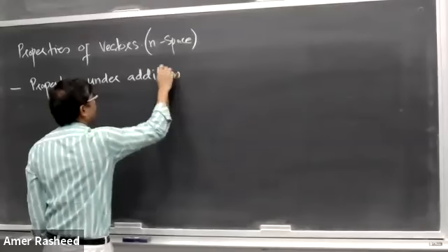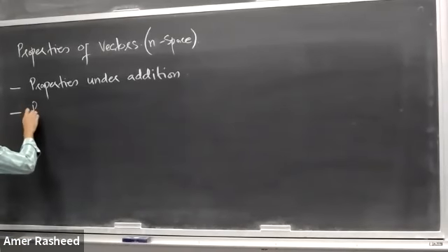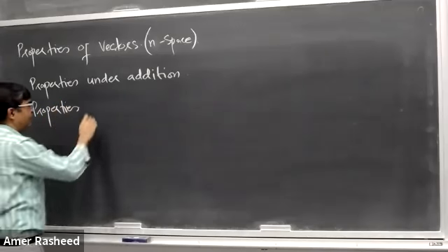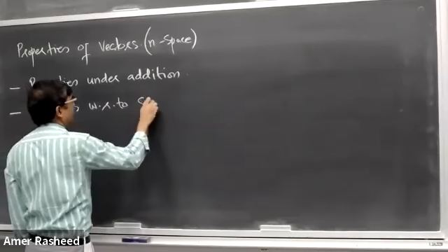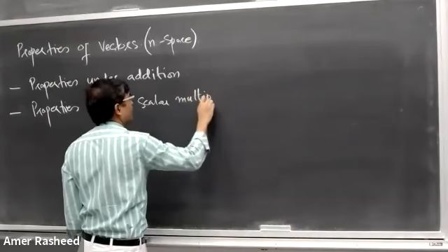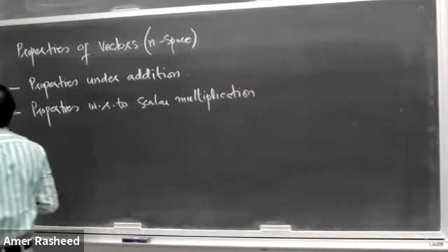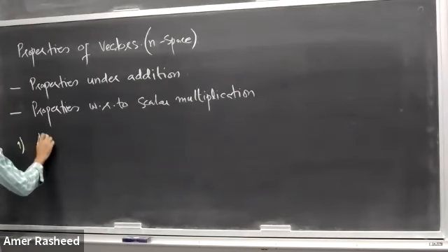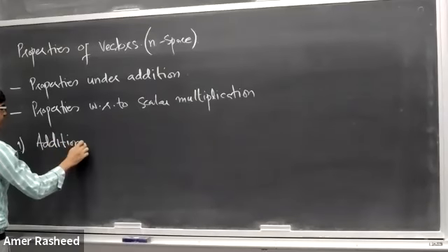We mainly use the addition of vectors and the properties with respect to addition, and you can also say this with respect to scalar multiplication. Number one, properties with respect to addition. We have discussed these properties in the previous lecture.